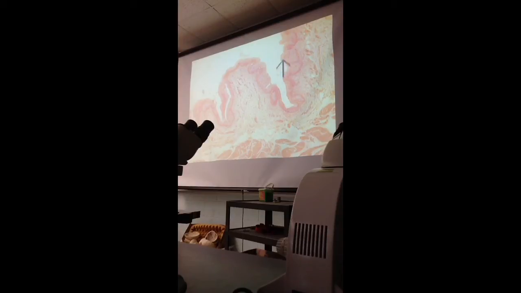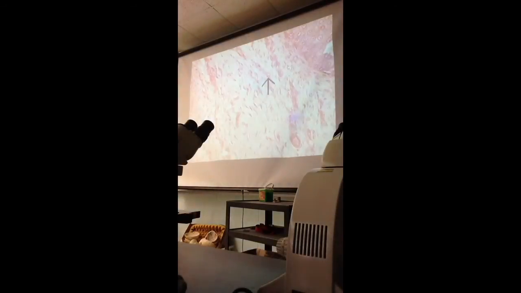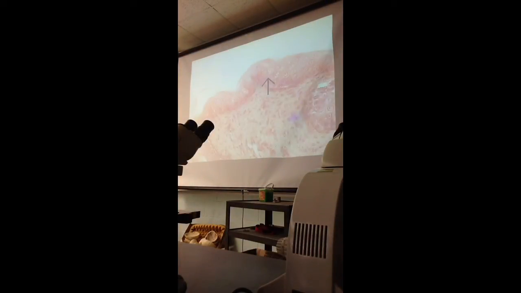You see these folds, rugae, and the type of epithelium. The cells are arranged in more than one layer, in many layers. If the bladder was to be distended, these cells would be arranged in only a single layer.